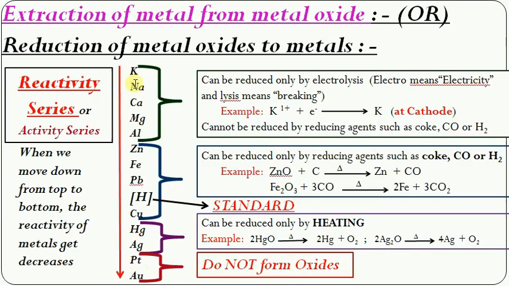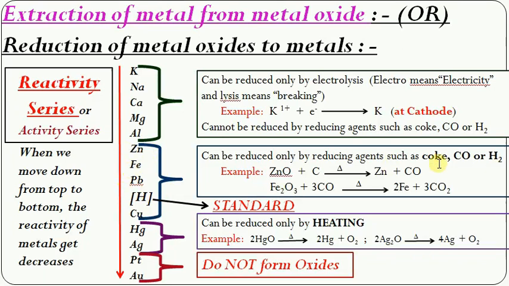If you come across aluminium extraction, what is the procedure used for extraction of metal from their metal oxide? Electrolysis. This is what you should know. Come to the iron part. Extraction of iron, do you use electrolysis? No, because it is present in the middle of the series.